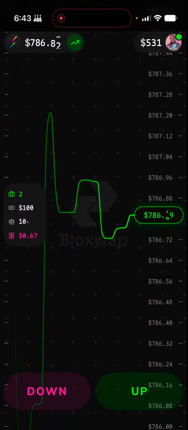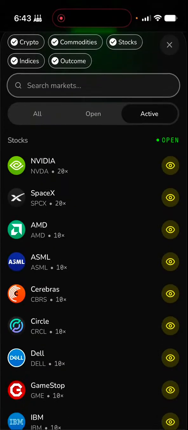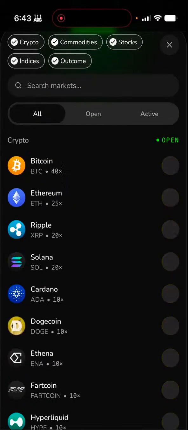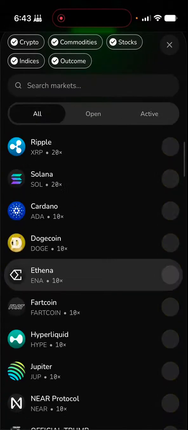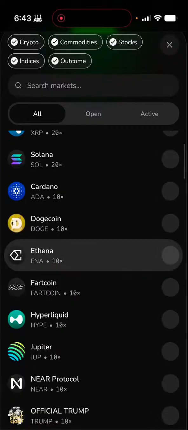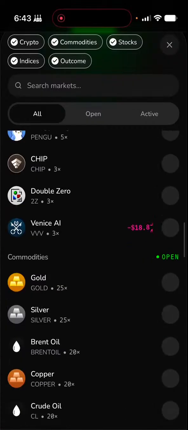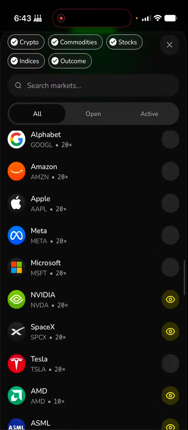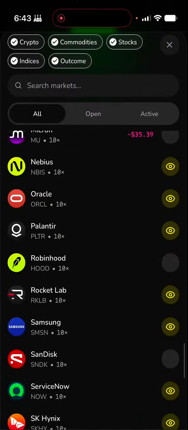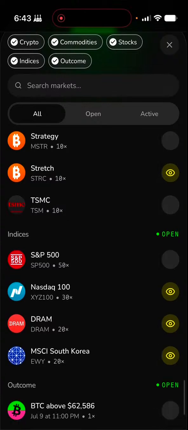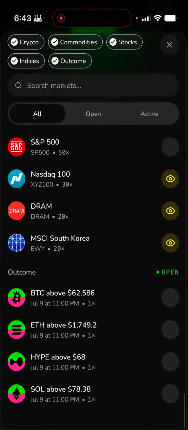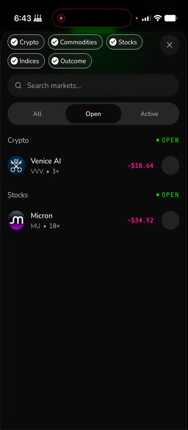So we have a really simple interface. At the top left, you've got the list of assets, and we can switch back to all, and you can see all of the assets. So we support crypto, we support commodities, we support stocks. We also support indices and some basic prediction markets, basically Bitcoin price, Ethereum price, Hype price, etc. Then you can see which positions you have open.